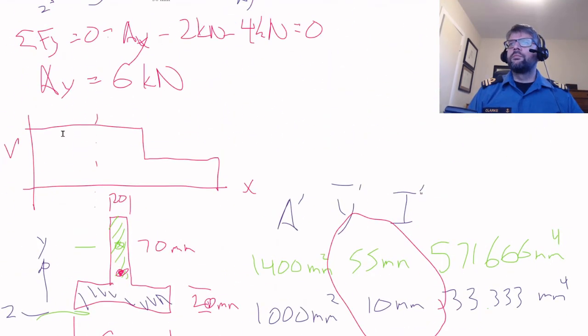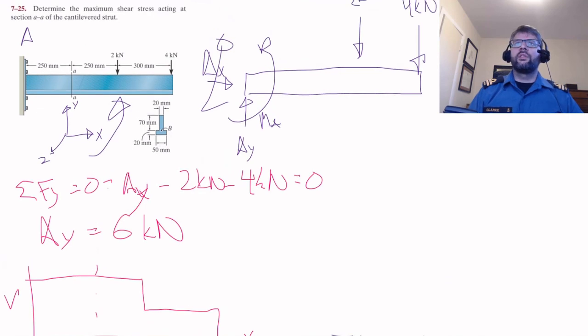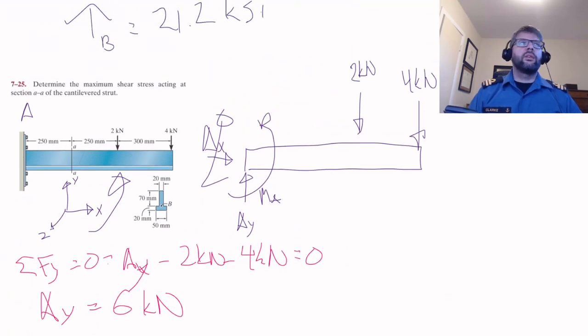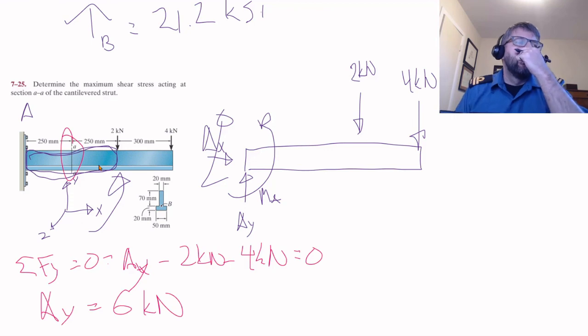So yeah, they gave it to us here, and they asked us for the maximum shear stress acting at that point, along this section. That'll be the same along this entire span here, along this entire area where we've got the 6 kilonewton shear load.